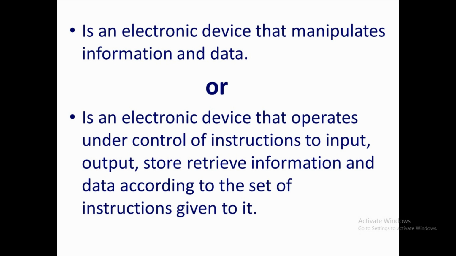Back to the point. A computer is an electronic device that manipulates information and data. Why manipulating information and data? Because information is processed data, and data is unprocessed information. Data is got from the survey.